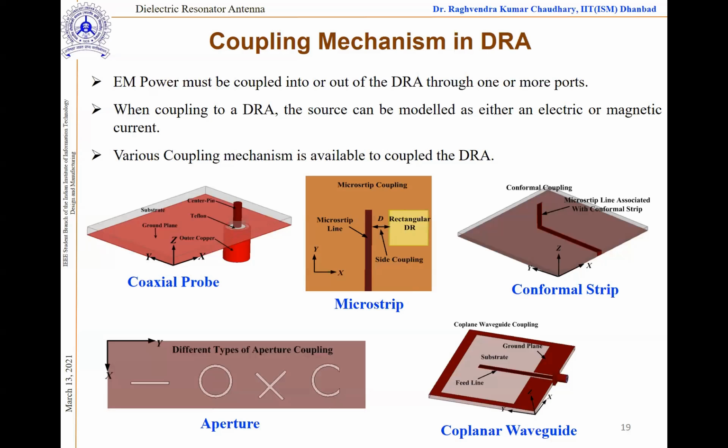So we'll put a probe at the center of the cylindrical DR. There will be magnetic field around this, and on the elevation plane we have the electric field. Hence we can say we perfectly realized the electric dipole, correct?